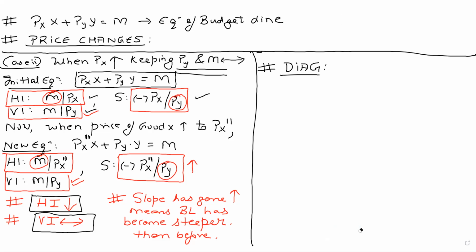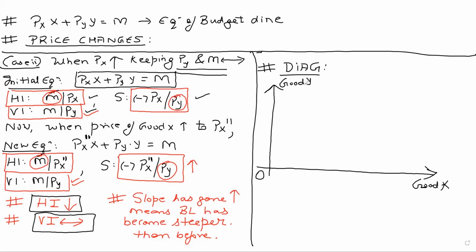Okay, so let us look at the case when the price of good X has gone up. Good X is measured on the horizontal axis, good Y is measured on the vertical axis. Initial budget line: we have horizontal intercept M by Px, vertical intercept M by Py, slope of the budget line is minus Px by Py.